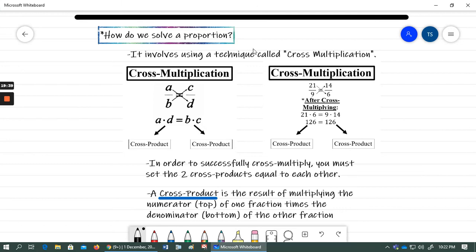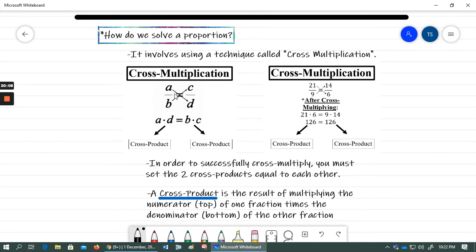Okay, so again, folks, in order for us to solve a proportion, we're going to be using a technique called cross multiplication. This should not be something that's new to you. So you see the proportion here: you've got one ratio, A over B, and it's equal to another ratio, C over D, right?